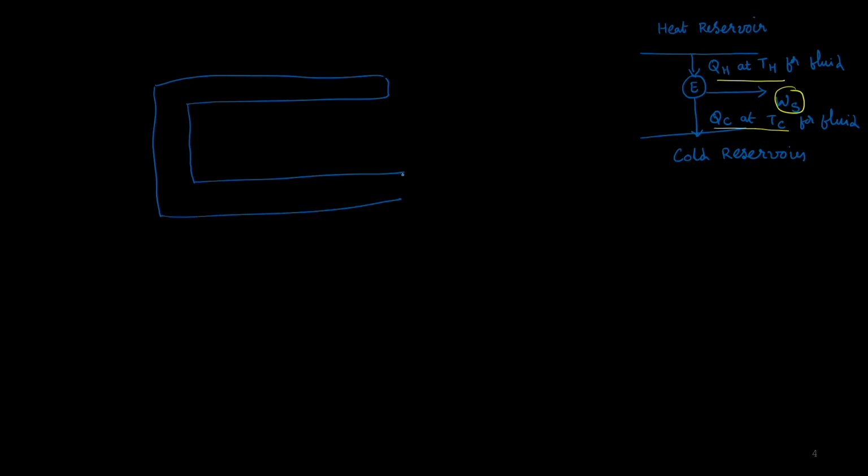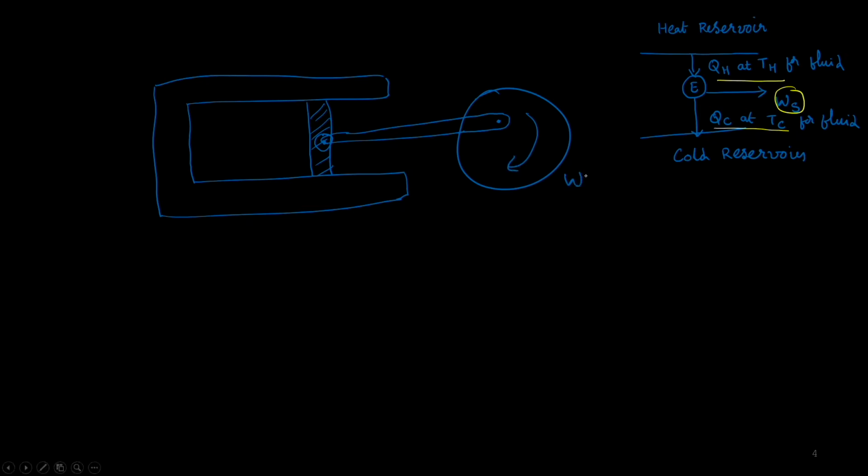So this is my cylinder, and then I'm going to put a piston in this, okay? And this piston is connected to some sort of a device, let's say a turbine or something like that, which is going to rotate when it moves and produce work, right? So the movement of the piston is going to transfer into work.